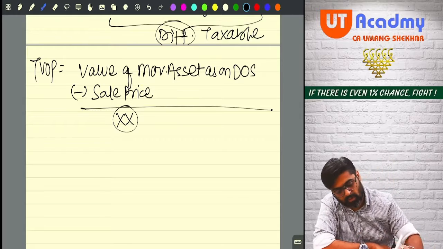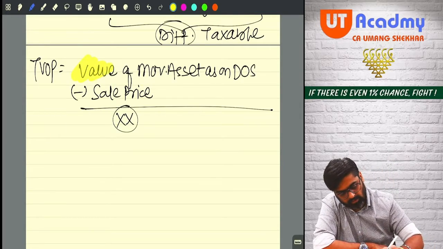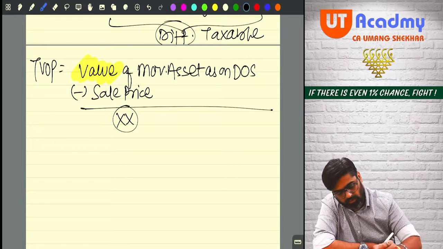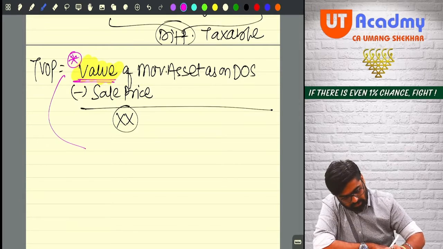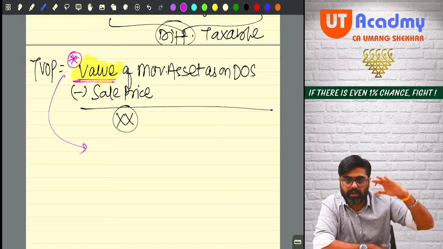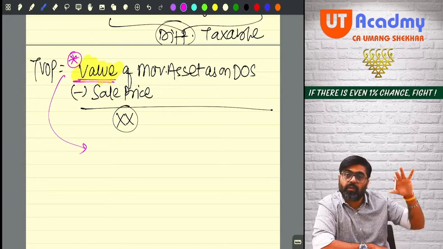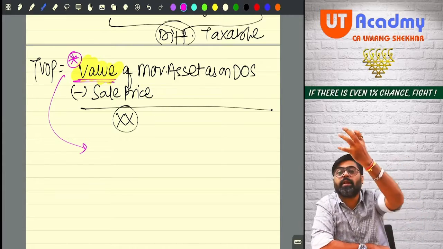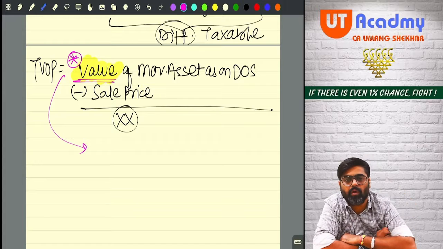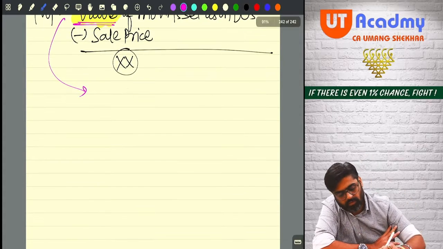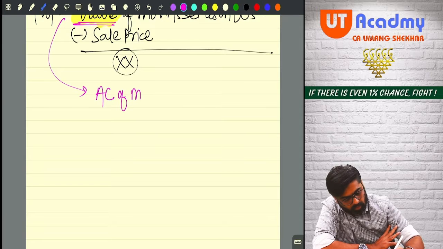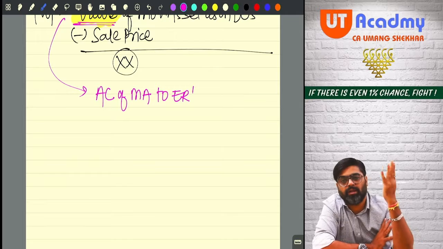Now you are supposed to calculate this value. How would you calculate this value? Come on. Now the calculation we are learning, by doing that calculation, we will determine this value. Okay. Now we are supposed to take the actual cost of the movable asset to the employer, because the employer is the owner.